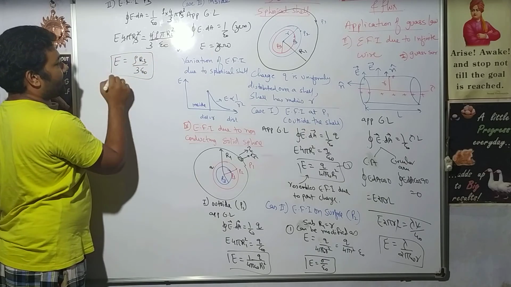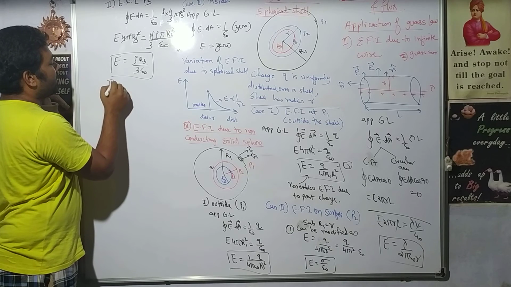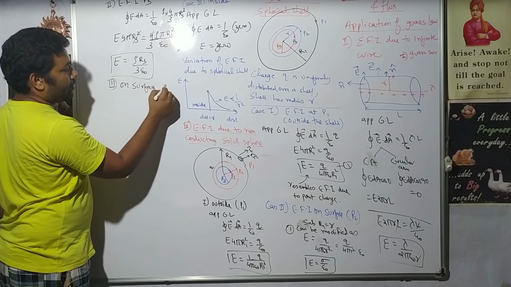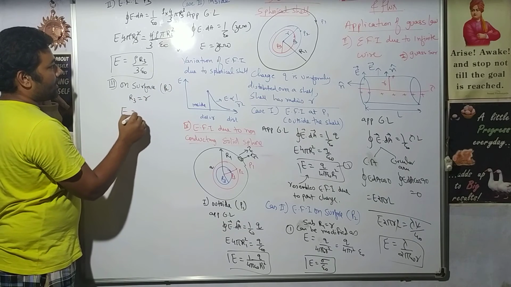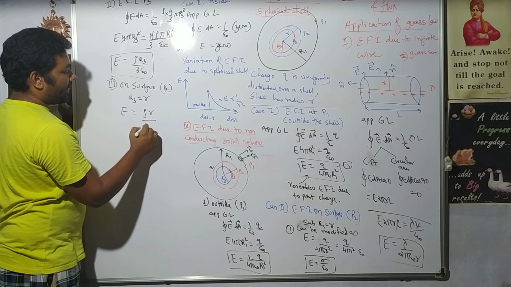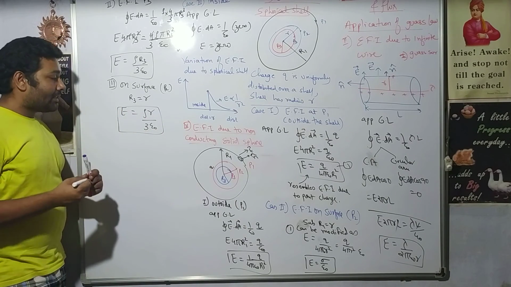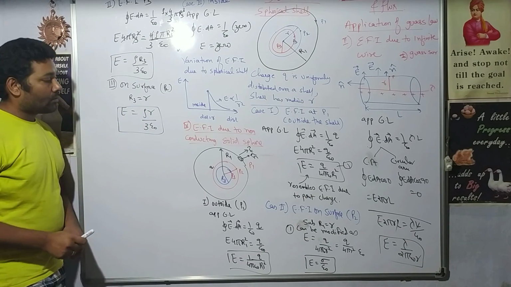This is the electric field intensity inside. And similarly, if you want the electric field intensity on the surface, if you take a point P2, then what will be the value of r3? r3 will be equal to R. So the electric field intensity is rho R by 3 epsilon naught. This is the electric field intensity on the surface.